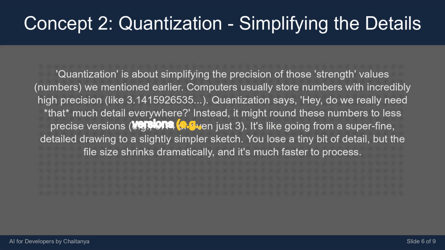Instead, it might round these numbers to less precise versions, for example 3.14 or even just 3. It's like going from a super fine, detailed drawing to a slightly simpler sketch. You lose a tiny bit of detail, but the file size shrinks dramatically, and it's much faster to process.